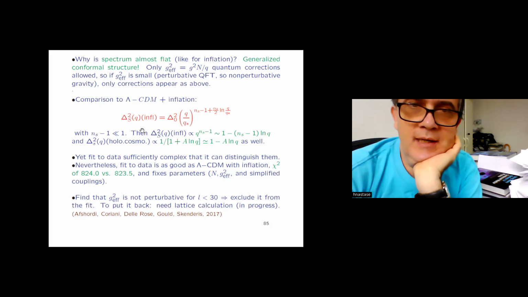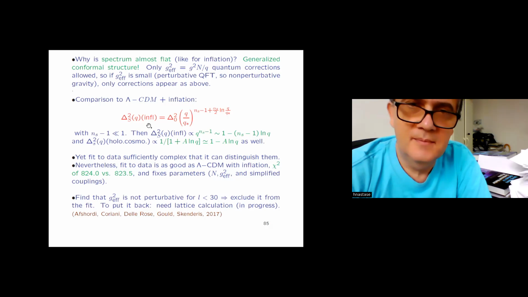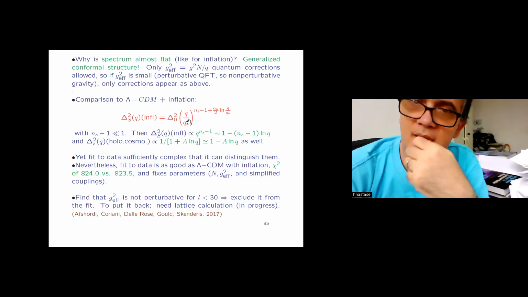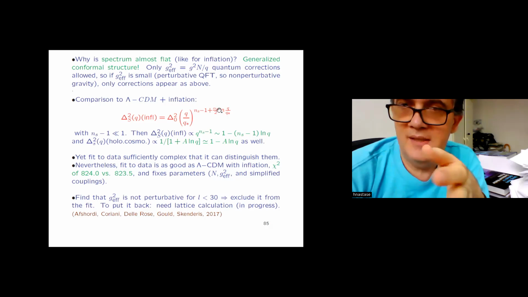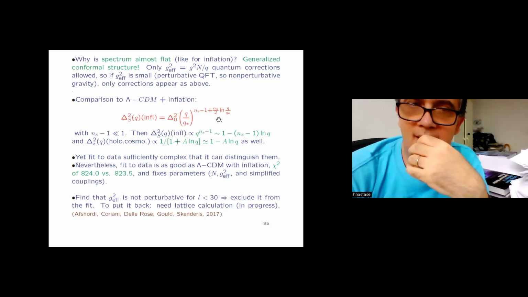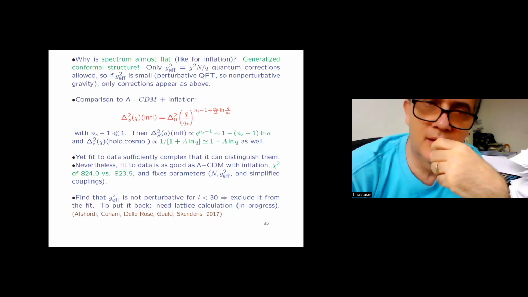Well, in lambda CDM plus inflation, the scalar perturbation, for instance, the tensor is the same, is parameterized as follows: a constant, and then Q over Q star, the scale, to the power ns minus 1, plus, if ns varies with Q, another parameter alpha s over 2 log Q over Q star.